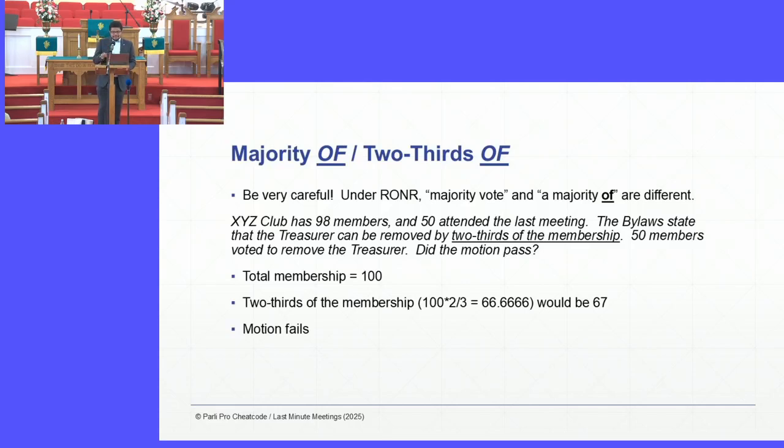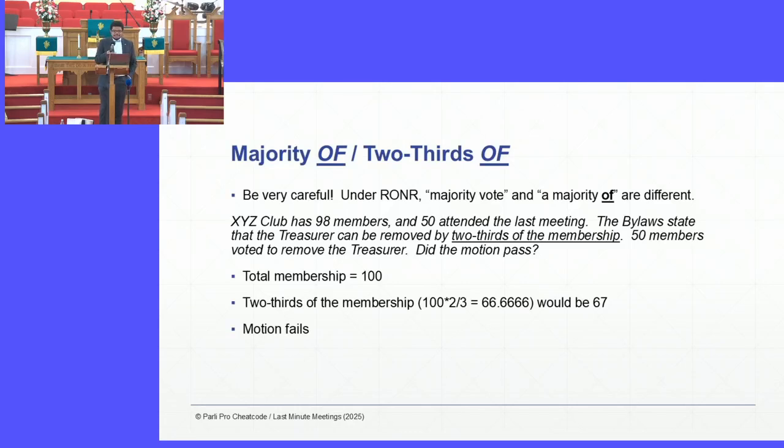It says be very careful, because under Roberts, majority vote and majority of are different, and it's the same thing for 2/3 and whatnot. So in this example, the XYZ Club has 98 members and 50 people went to the last meeting. The bylaws say that the treasurer can be removed by 2/3 of the membership. At that last meeting, all 50 people voted to remove the treasurer. It was unanimous. Did that motion pass?